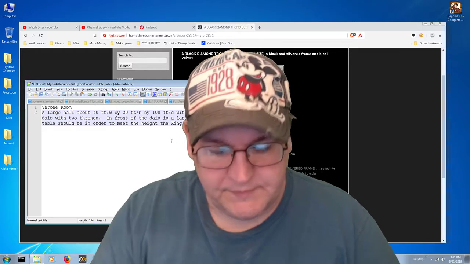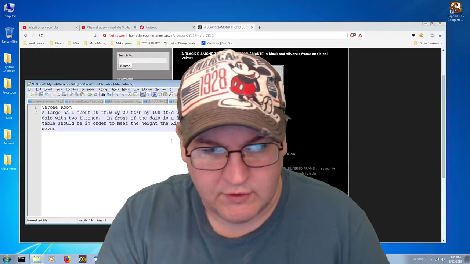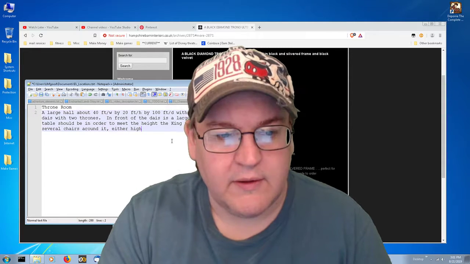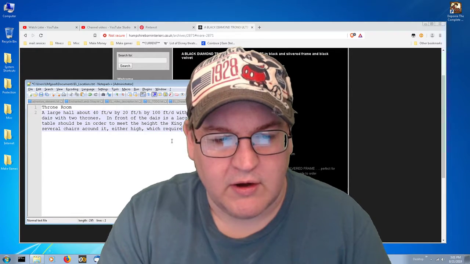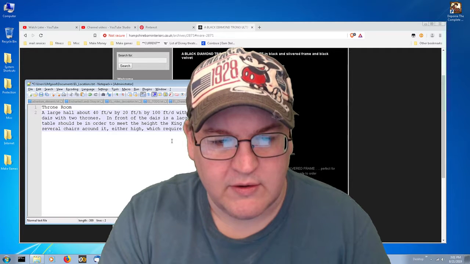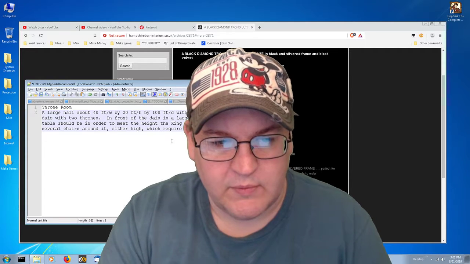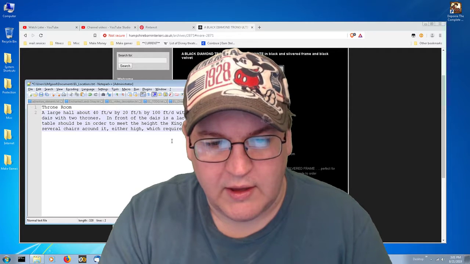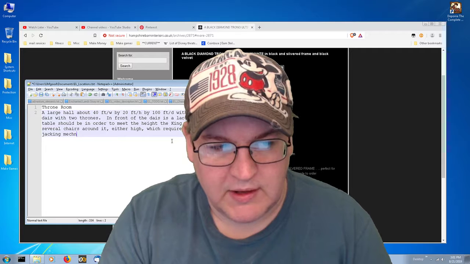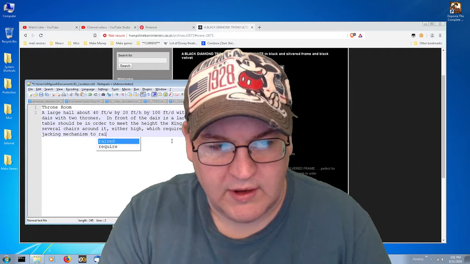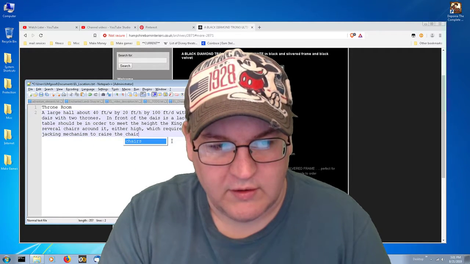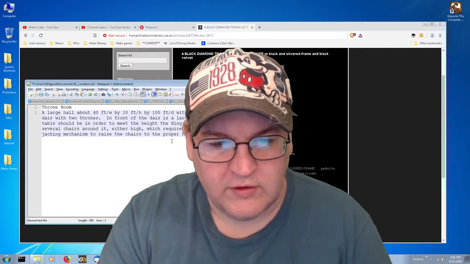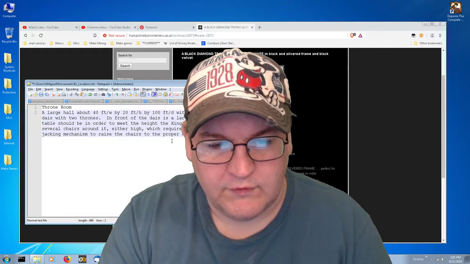Okay, with several chairs around it, either high, which require a step ladder, or with a jacking mechanism to raise the chairs to the proper height, whichever seems funniest.